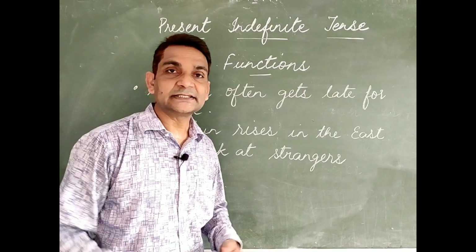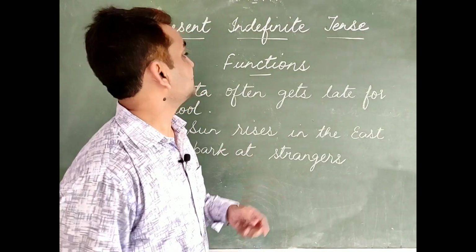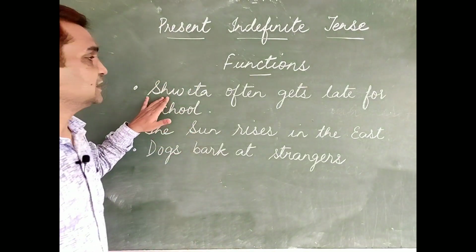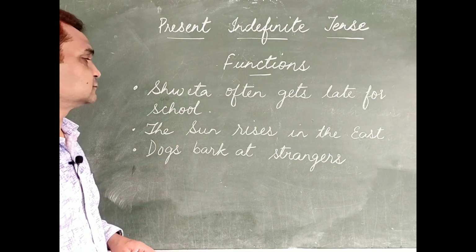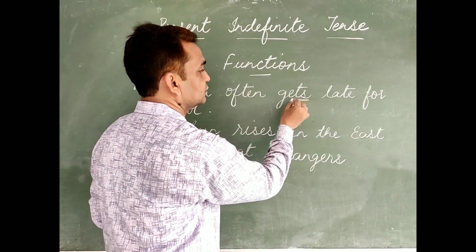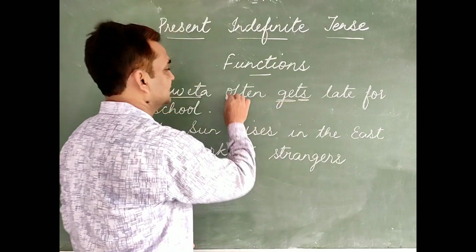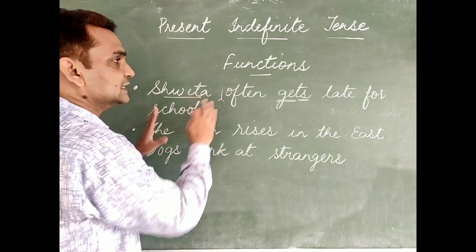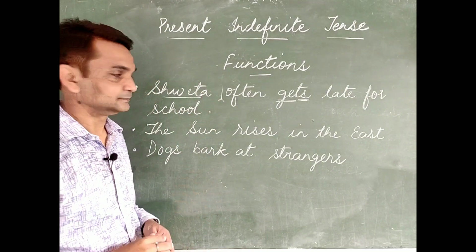Now let's understand these functions with the help of some examples. Shweta often gets late for school. Now Shweta is singular, that's why s has been used with the first form of the main verb and there is no helping verb in between. Now this sentence shows habit.